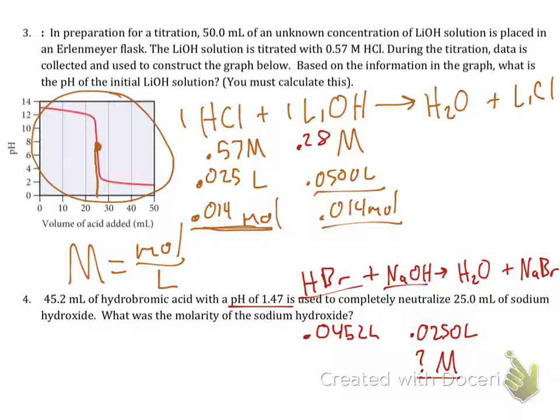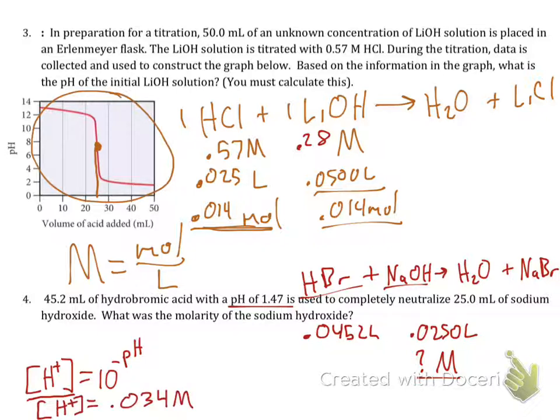Well, the molarity or the concentration of the hydrogen ion is equal to 10 to the negative pH. And so if we use this equation here, we can actually calculate the concentration or the molarity of this particular acid. So now that we have the molarity, which is 0.034, we can use the molarity equation to figure out the moles of acid.